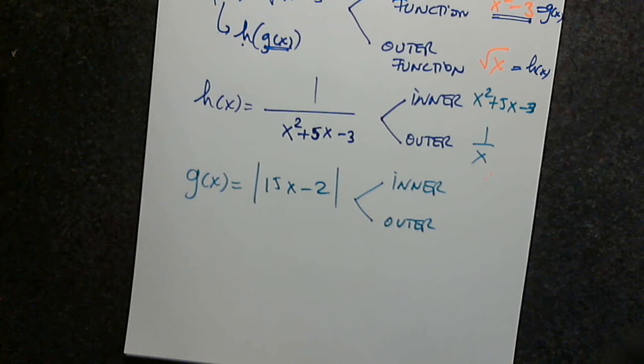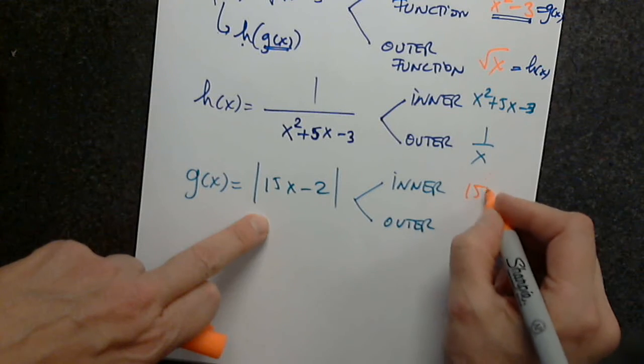Absolutely, the inner function is 15x minus 2.